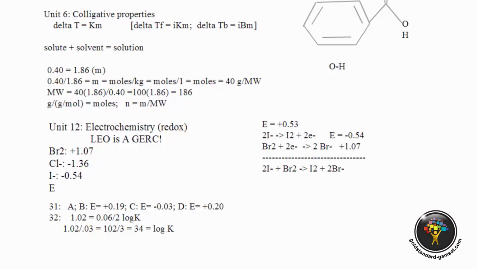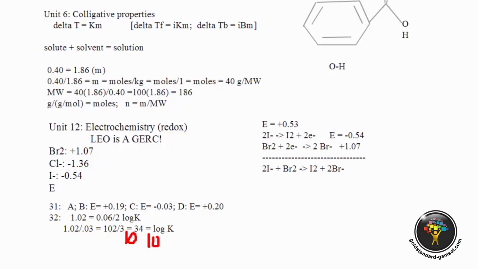Now, for me to show this to you is not so simple because I can't write it and I am not good at drawing. But basically, I'm going to raise both sides to the power of 10, which means I'm going to put the number 10 here, 10 here. So I have 10 to the power of 34 is equal to 10 to the power of log k.